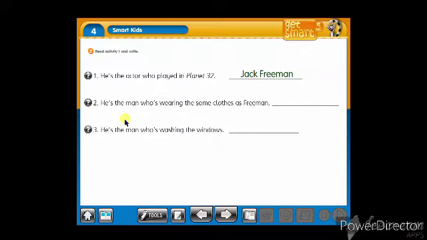Okay? Number 2. He's the man who's wearing the same clothes as Freeman. It means the stuntman. The stuntman. 3. He is the man who's washing the windows. Who is that? The window washer.